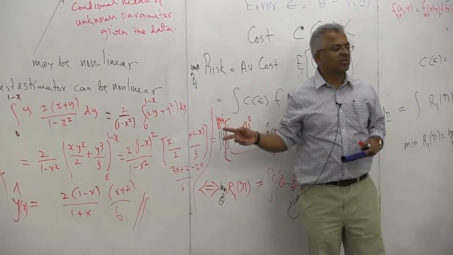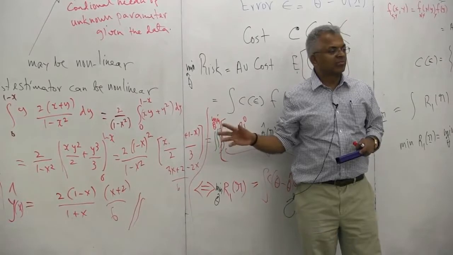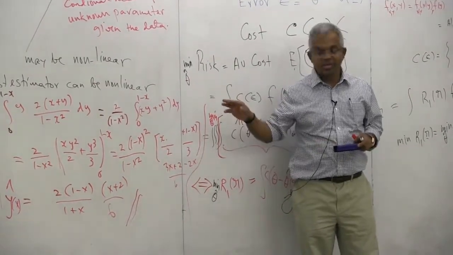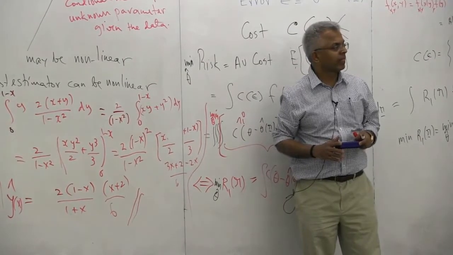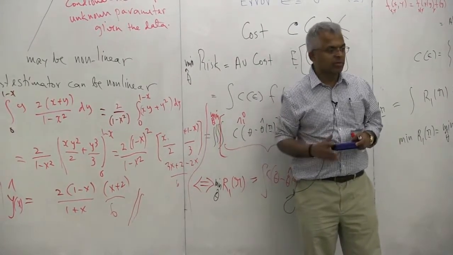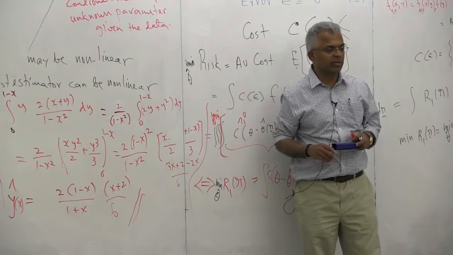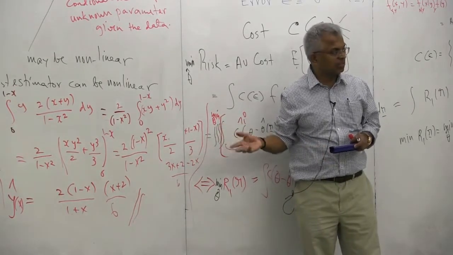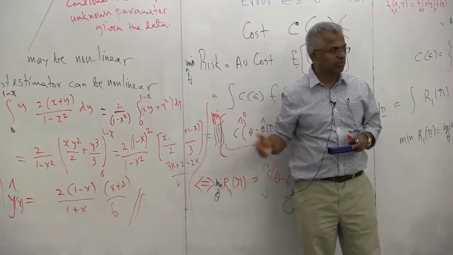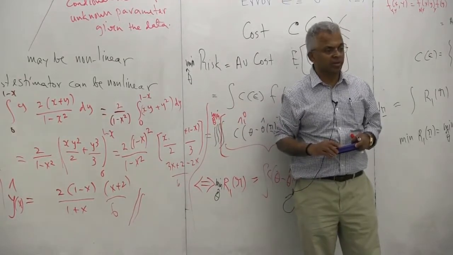All right, now as I said, if for a few of you this is looking like too many details, similar problems are solved in my notes, which are on the web, right? Lecture notes, I gave you lecture 6. Or more importantly, in Papoulis chapter 6, towards the end, there are a few examples on this conditional mean.